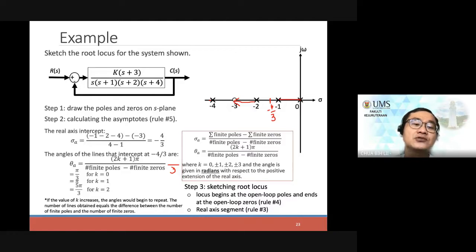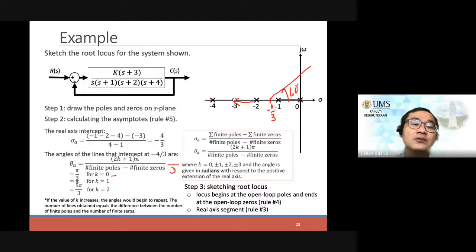So k equals 0 gives 1 pi, so we get pi/3. This means 180 divided by 3, which is 60 degrees. So we can estimate a line which is 60 degrees, or pi/3.